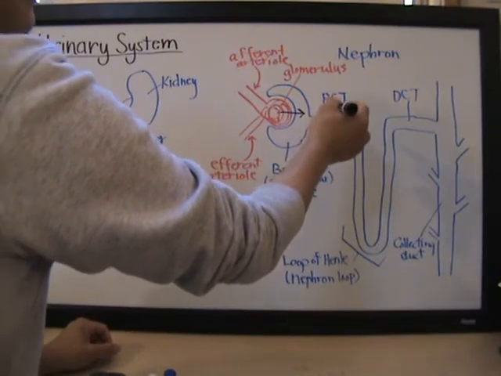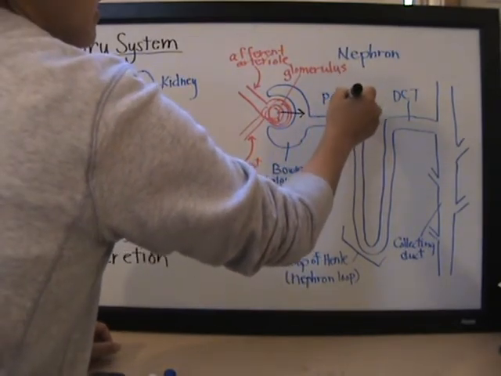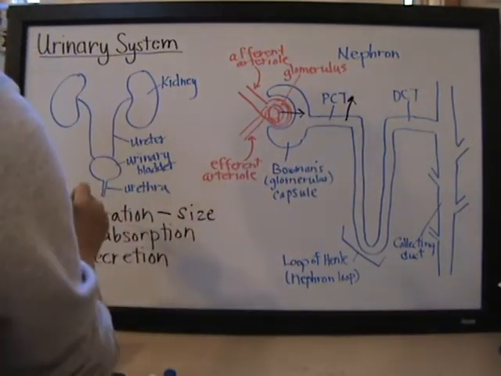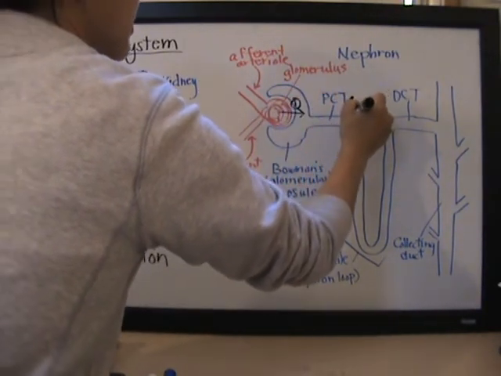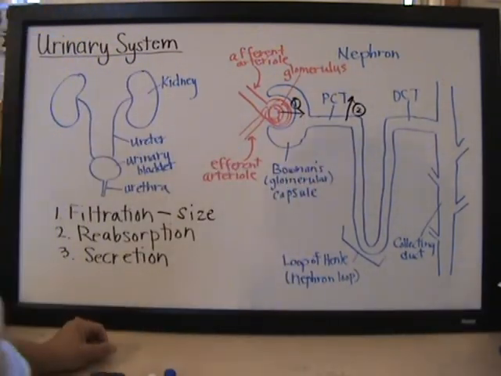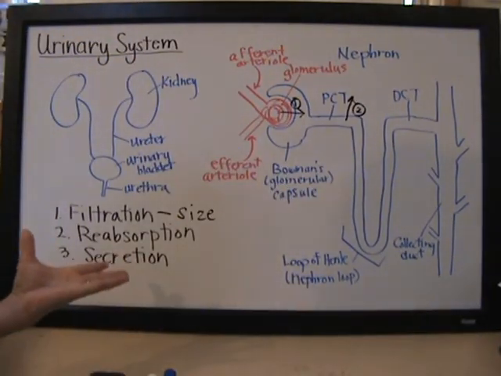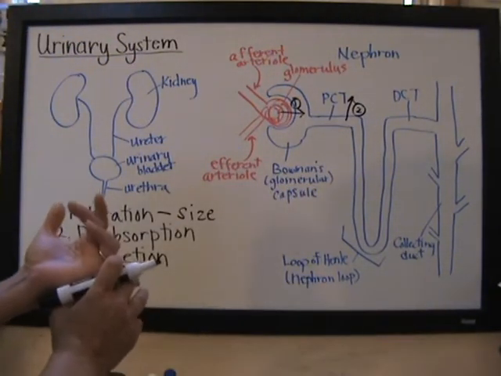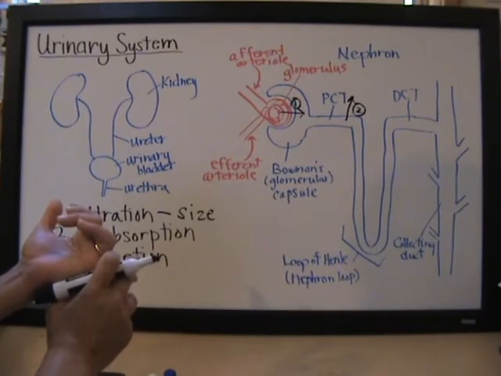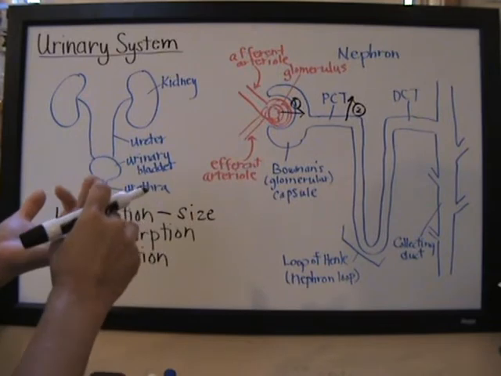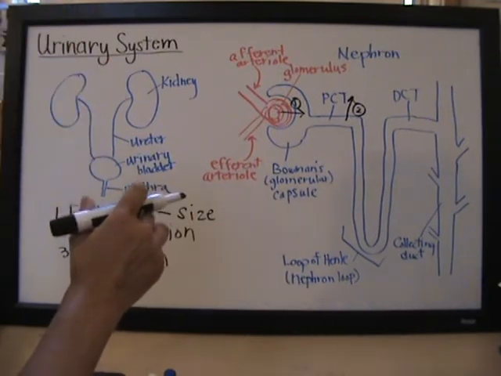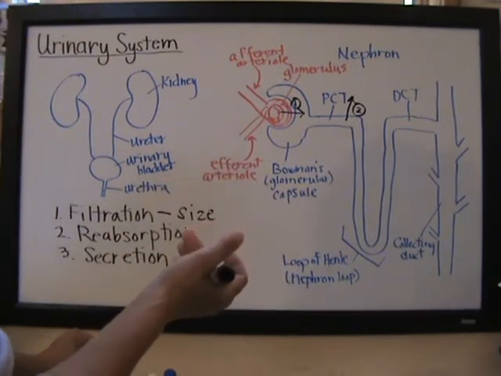So substances that our body might want, okay, so I'm going to say this is number 1 here. This is number 2. Substances that our body wants and needs, such as glucose. We don't want to get rid of glucose. That's important in our bodies. Ions are important. Amino acids, lots of things that our body wants to take back.